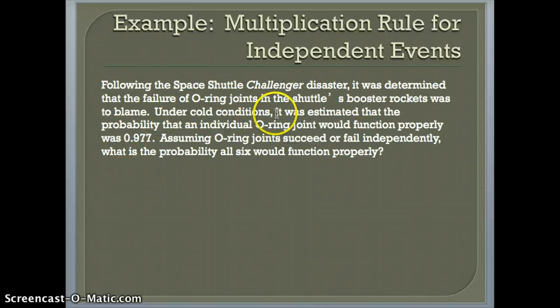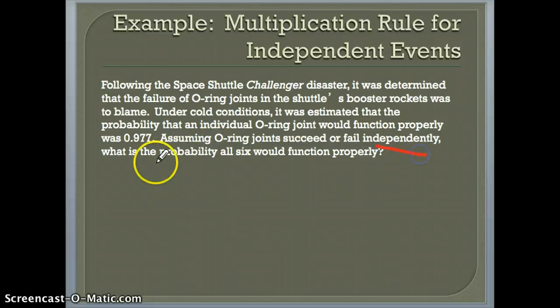Under cold conditions, it was estimated that the probability that an individual O-ring joint would function properly was 0.977, assuming O-ring joints succeed or fail independently. What is the probability that all six would function properly?